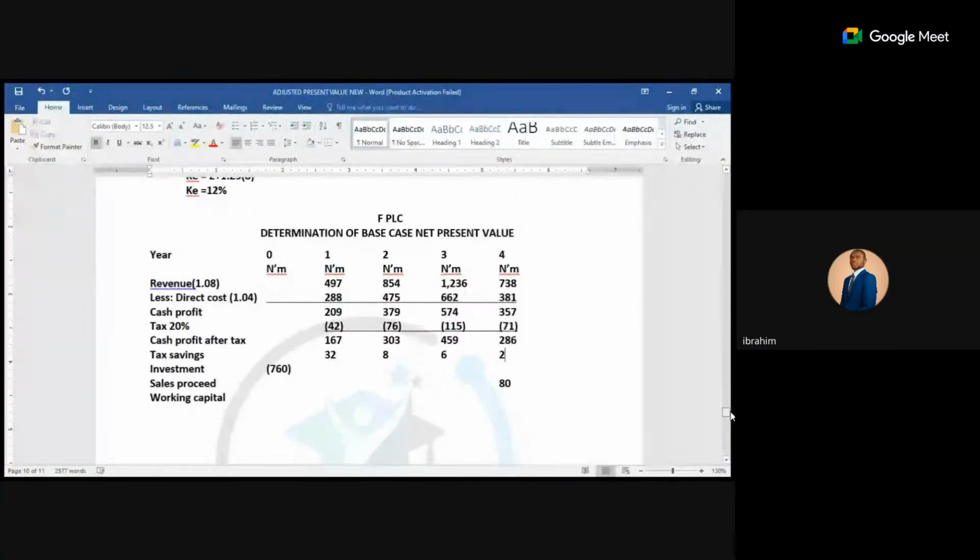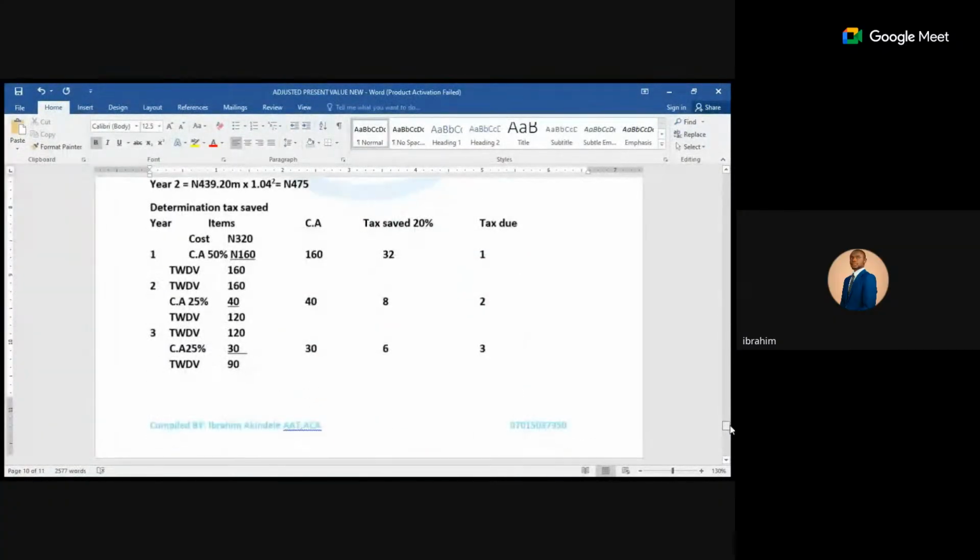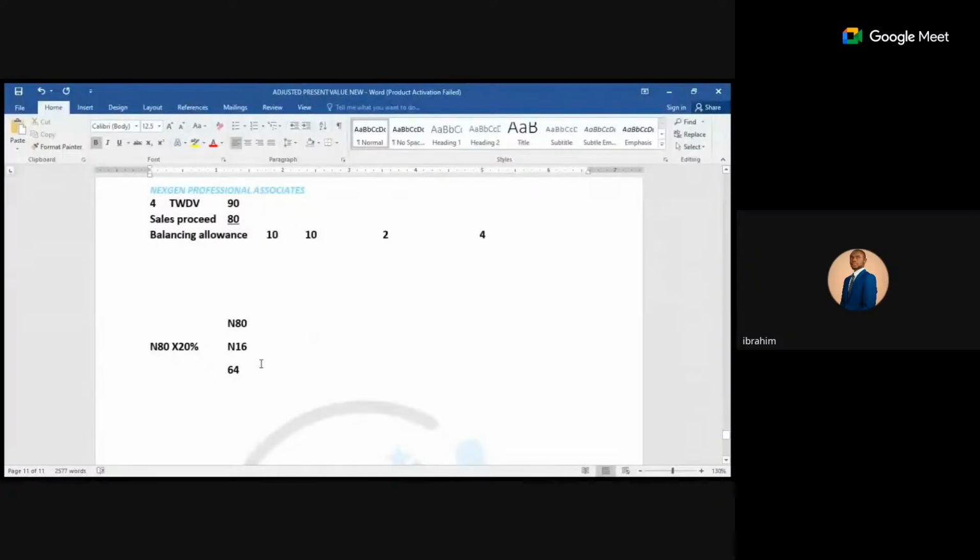So we go to the calculation of working capital. Working capital, year 0, 1, 3, 4.